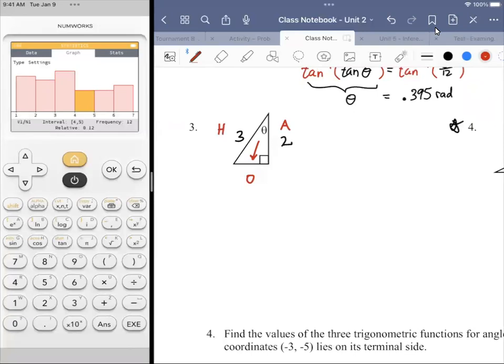I always look at it like the two line segments connected to the reference angle, those are going to be the hypotenuse and the adjacent. The one that's opposite the 90-degree angle would be the hypotenuse. You could also look at the hypotenuse as the longest side, but I don't know too many people that want to whip out a ruler just to verify that. So something to keep in mind.